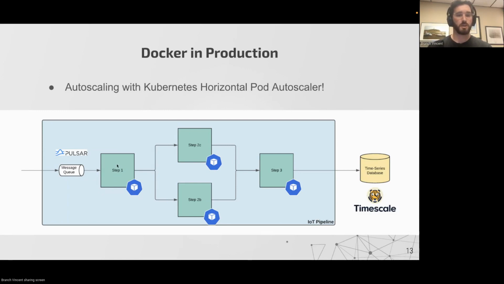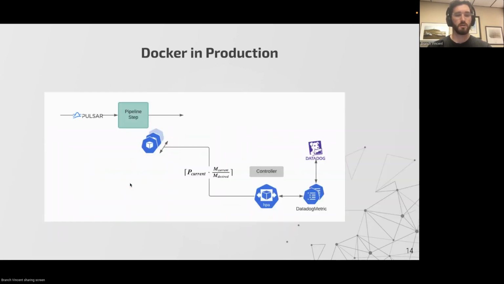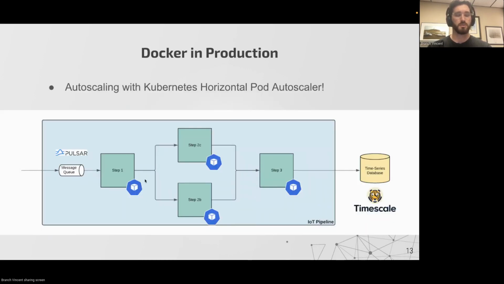And each step itself was a container. And so what we were able to do is, using HPA, each one of these steps was able to scale horizontally, automatically, based on how many messages were waiting in the backlog for every step.